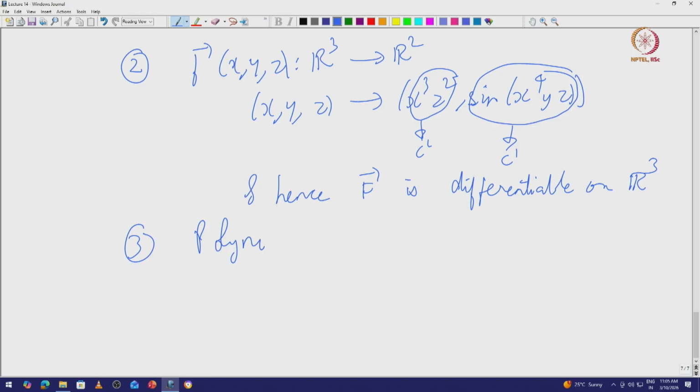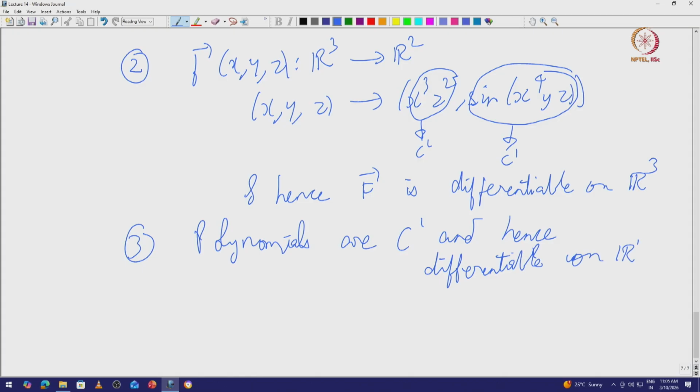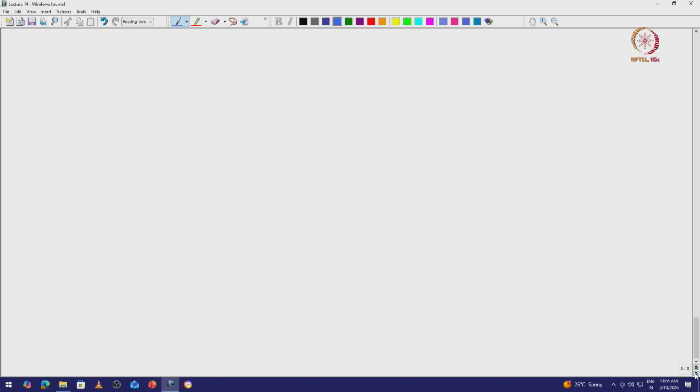Polynomials are C1 and hence differentiable. Okay.